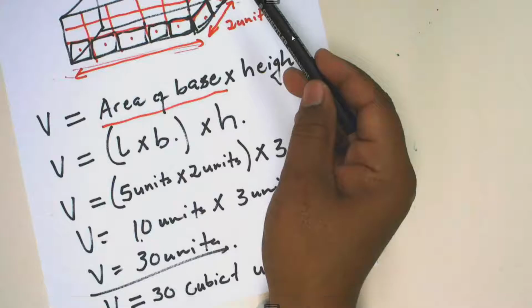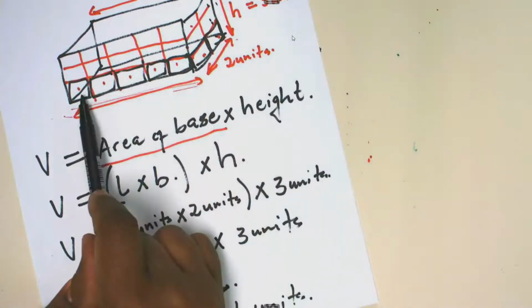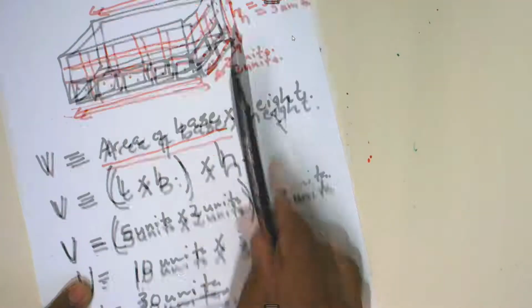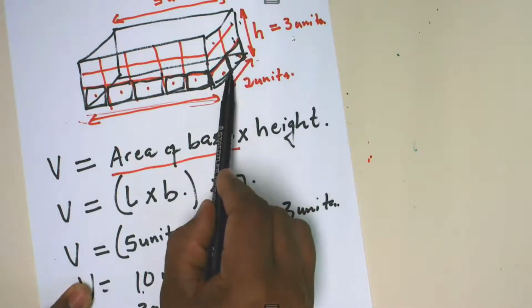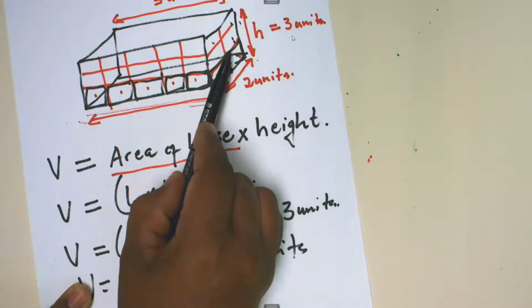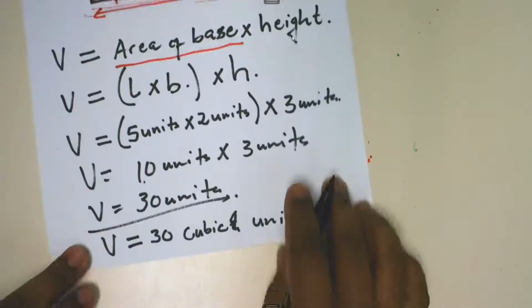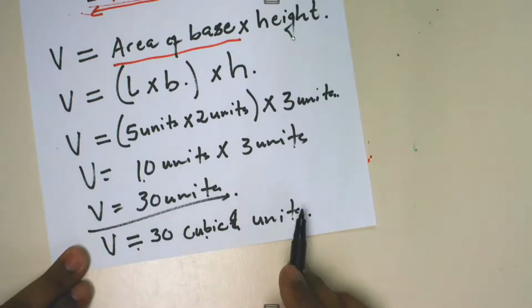I am putting 1, 2, 3 layers, and therefore 5 times 2 is 10. Therefore it means it's the first 10, the second 10, and the third 10. So it will be 10, 20, 30. Hence we have the volume of 30 cubic units.